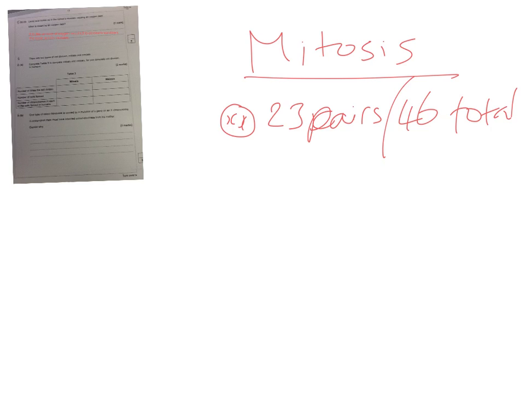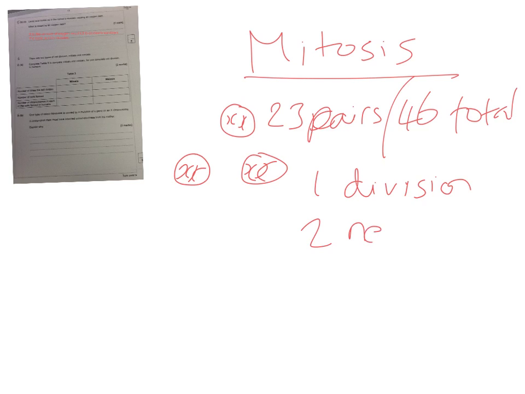So what happens in mitosis is this body cell will split, divide once to give 2 identical copies. Okay, so it's dividing once, so it's 1 division, which makes 2 new cells.